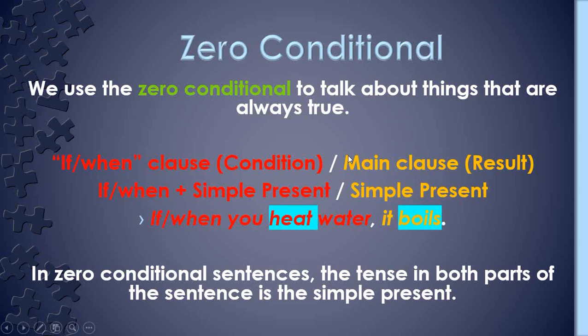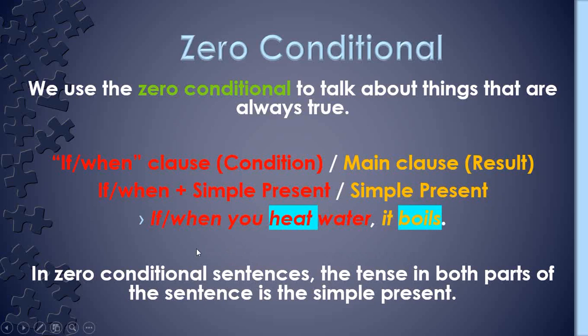The second part is the main clause, that is the result of this condition. Now the structure. For the if clause, we start with the words if or when, and the verb should be in simple present tense. For the main clause, we also use the verb in simple present tense.